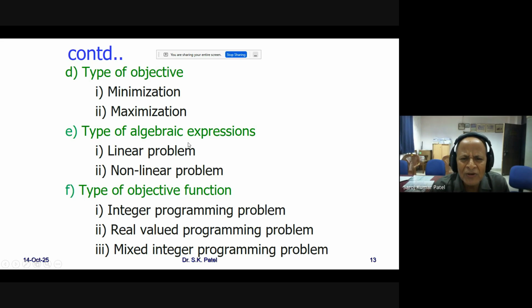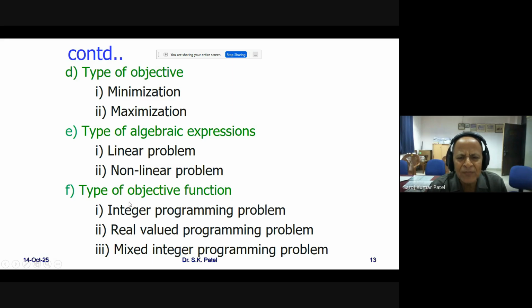Then depending upon the function that you use, either in the objective function f or in the constraint functions on the left hand side, either g(x) or h(x), if the maximum power of any unknown variable is 1, then this is a linear problem. But if the maximum power of any of the unknown variables is more than 1, or if it involves a trigonometric function, sine, cos, all these things, or a logarithmic function, then this is a non-linear problem.